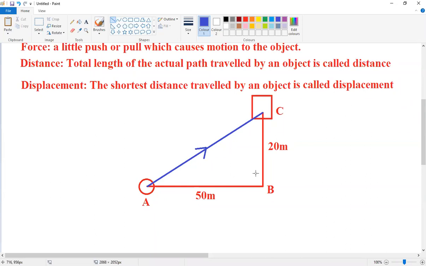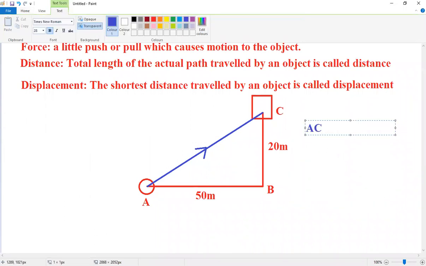How much will it be if we go through the Pythagoras theorem? AC square is equal to AB square plus BC square.